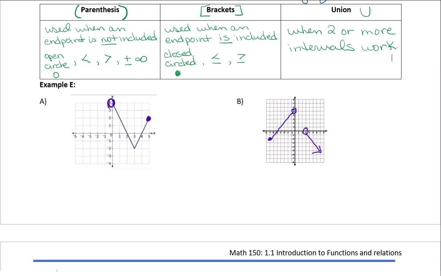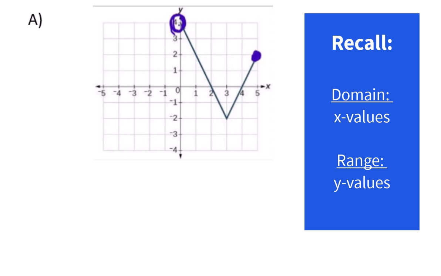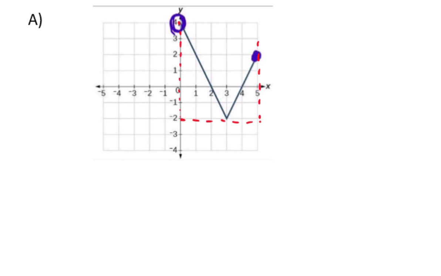So in example E, we have two graphs, A and B. Let's focus on graph A first. When we are looking at the domain and range, one thing that might help is to visualize a box that encloses the entire function. So we're going to look from all the values from left to right for our domain first. All of the x's used there go from 0 to 5.